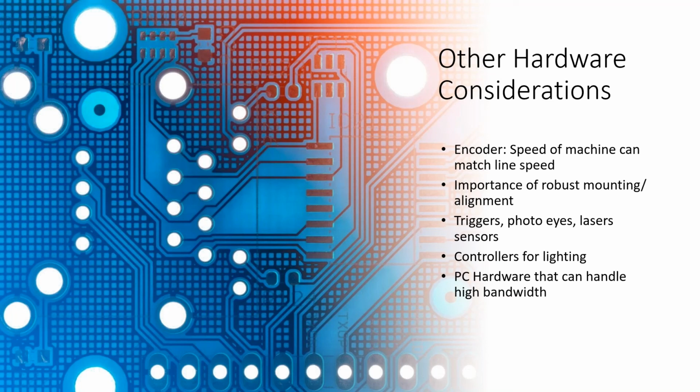But because of that, mounting becomes incredibly important. And especially when you start to see multiple line scan cameras stitched together for very large webs, alignment is a lot easier compared to 2D area scan, because you have only one dimension that you have to line up, where 2D can be very challenging, especially the more cameras you add.